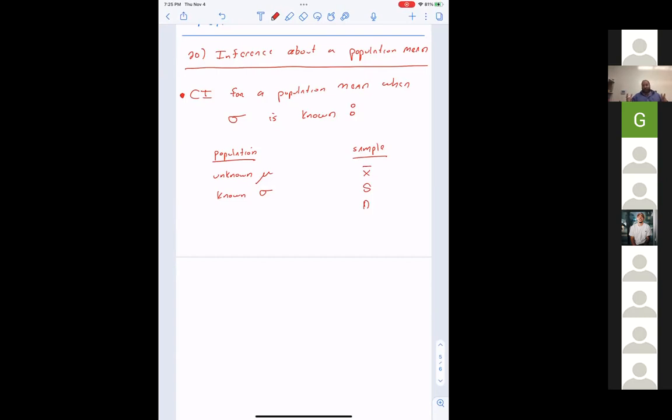So what do you think is the best one point guess? If I had to give one number for my guess as to what mu is, what's the best single number I can use from my sample to guess the population mean? X bar, my sample mean.